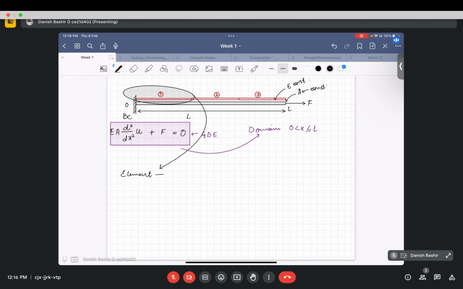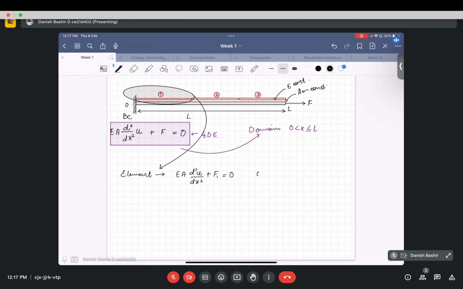For this element I wrote this equation, the same equation for the element: EA d2u by dx square plus f, the force that will be applied on this element, f1, is equal to 0.